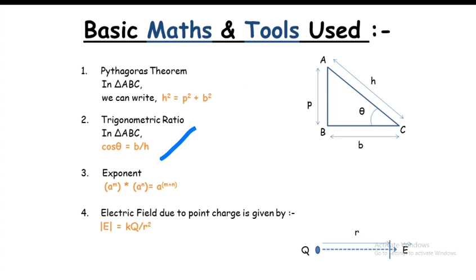Exponents: a to the power m into a to the power n is equal to a to the power m plus n. Electric field due to a point charge is given by kq by r square. We have also done these things in our previous lecture, so that you don't have any slight doubt due to mathematics in physics.